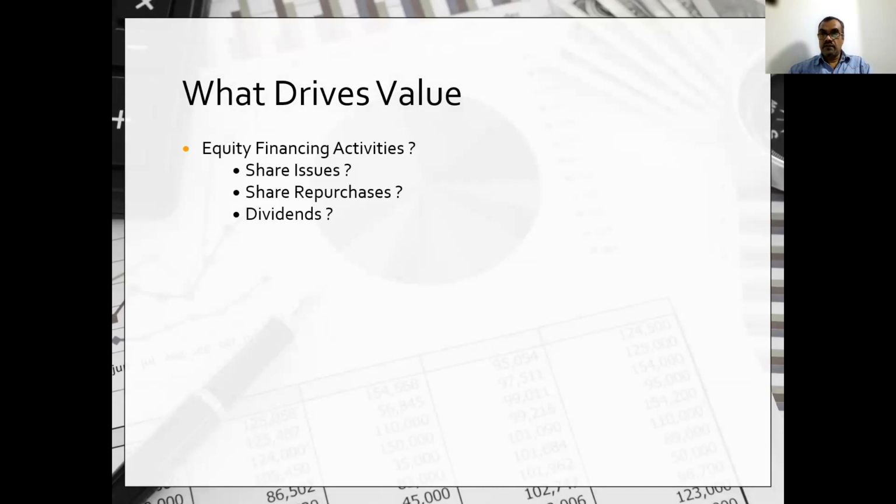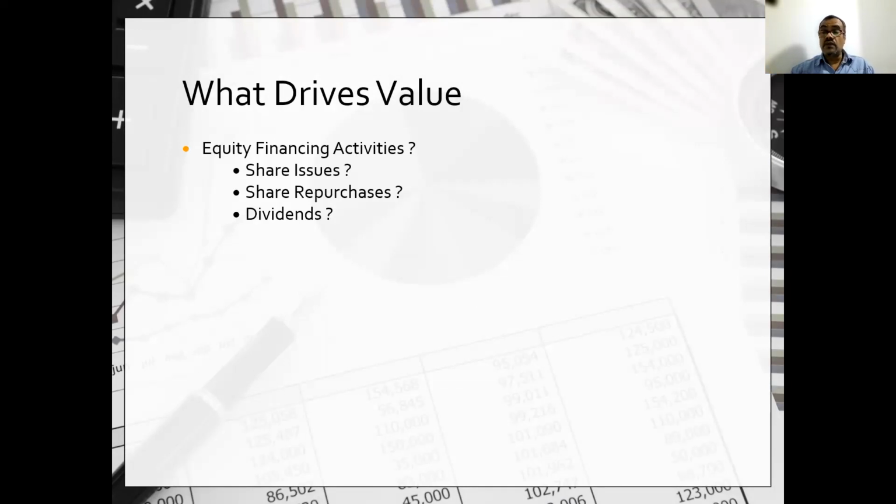What drives value? I already explained last week. In any organization, no matter whether it's business, profit motive or whatever, even a social movement, there are many activities, but they can be mainly categorized into three groups. The ways of dealing with finance, that is financing activities.